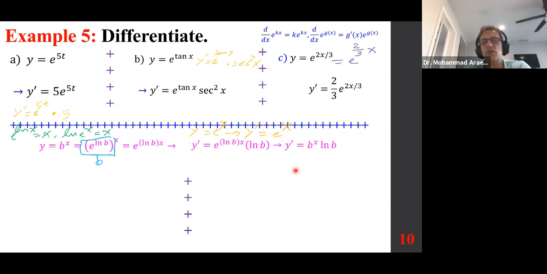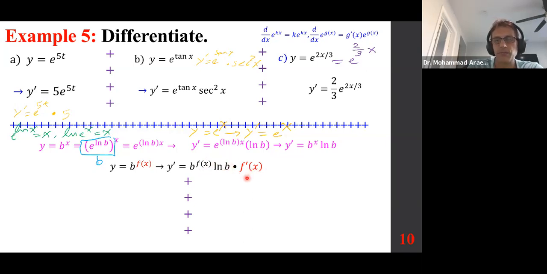What if it's a function? Now, instead of x, if it's a function of x, then times the derivative of that function by the chain rule. So if it's b to the power of f of x, the answer is itself, times ln b by logarithmic properties, times f prime by the chain rule. Let's look at a couple of examples, see how this thing is going to play out.